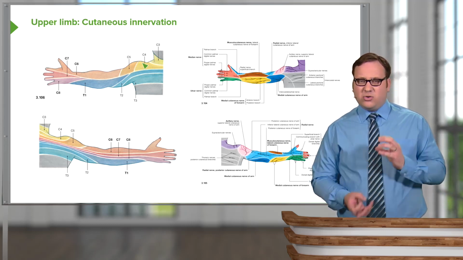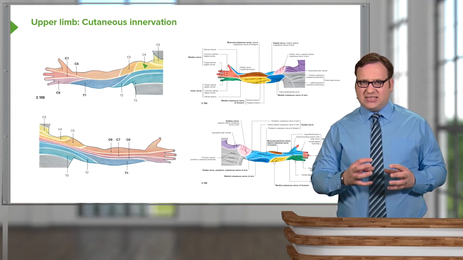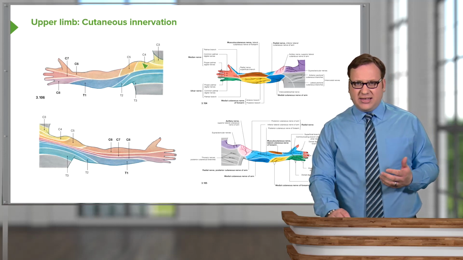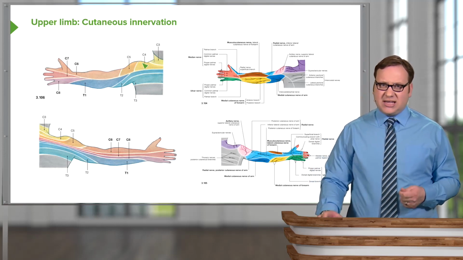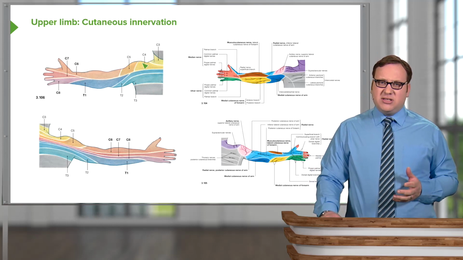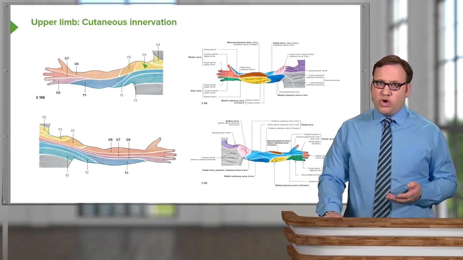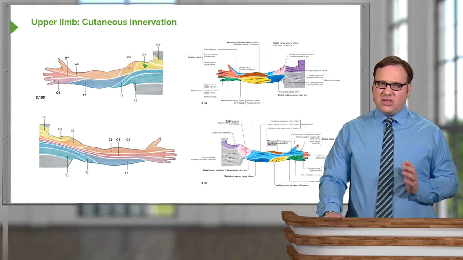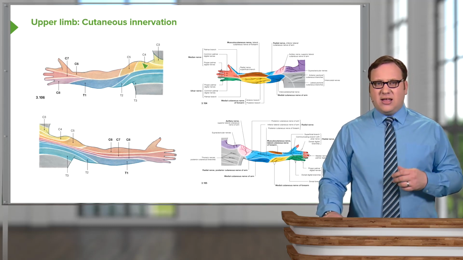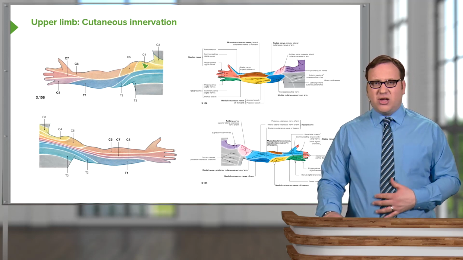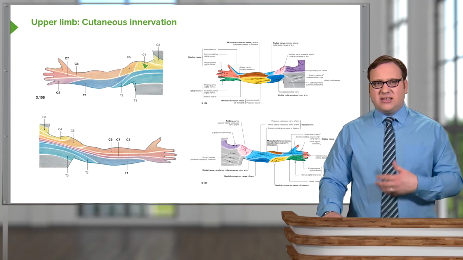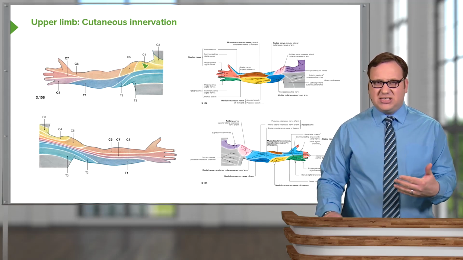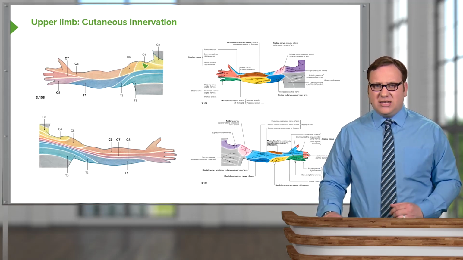So remember, the spinal cord is divided into various segments: C1, C2, C3, C4, etc. Each one of those segments is going to give rise to two spinal nerves, as this happens bilaterally on the left and the right side. And running within those spinal nerves are sensory fibers that take information from the surface of the skin back to that specific spinal cord segment.